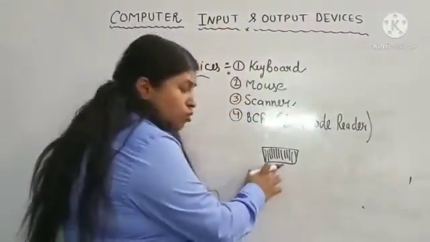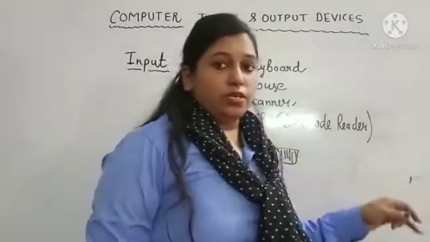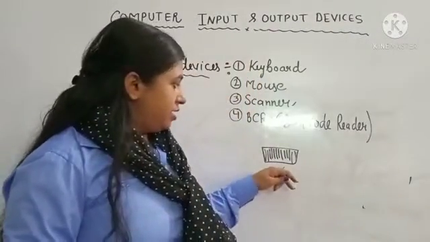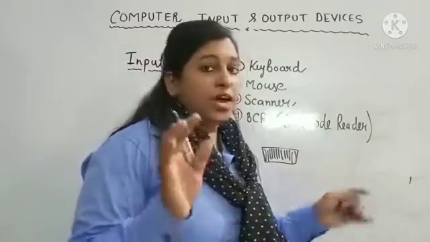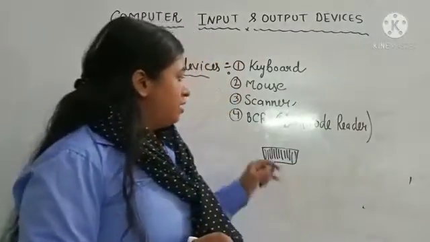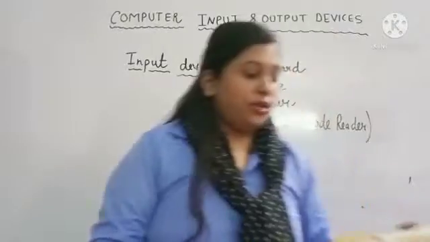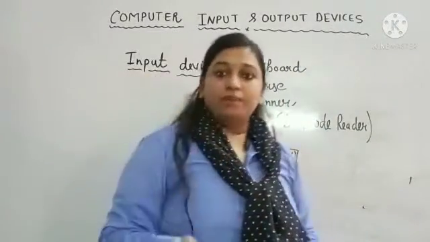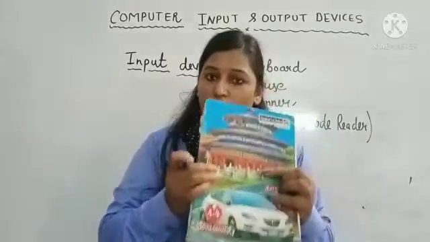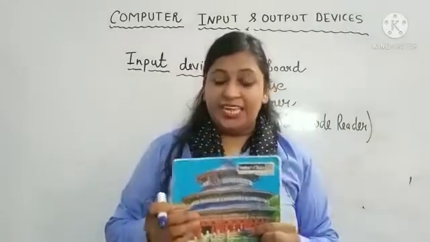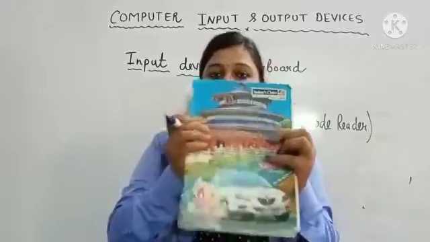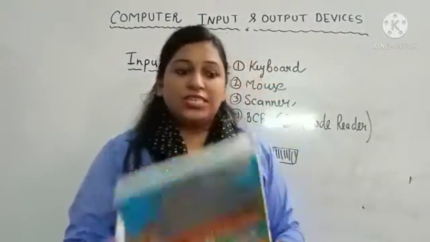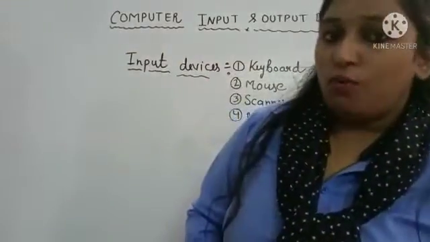And you can't read this barcode. You can read what is written behind it, but you can't read the barcode. A barcode reader reads these lines and tells you the quantity and quality of this notebook. So this is the work of a barcode reader.